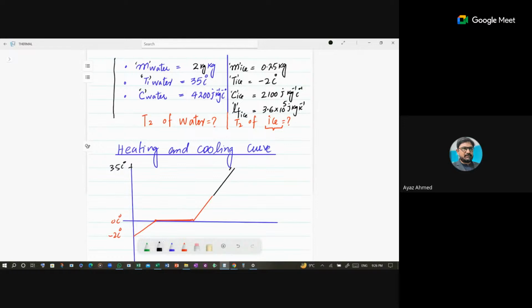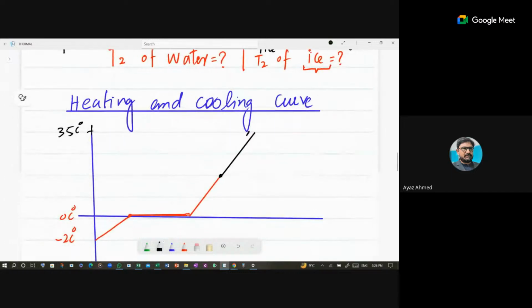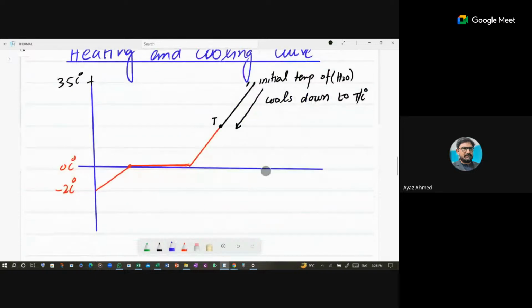I kept the colors different because this was the initial temperature of water, and it cools down to T degree centigrade. This is that T where both of these materials have the same temperature. Ice heats up, isn't it? Then ice melts.